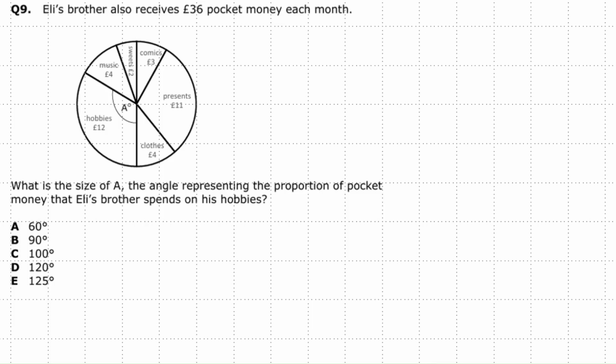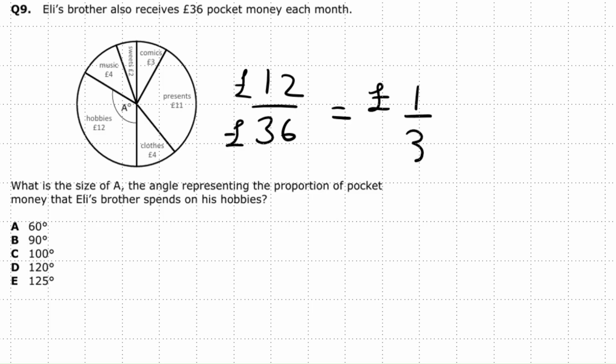So out of 36, it's £12. So we know that 12 over 36 can also mean 1 over 3.